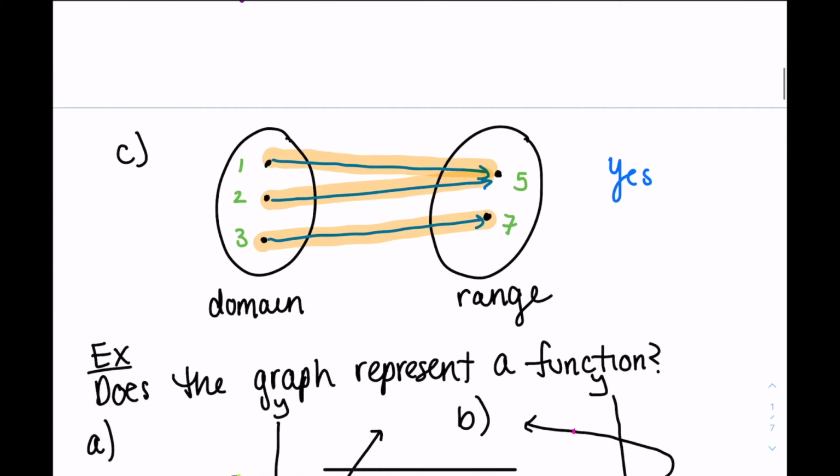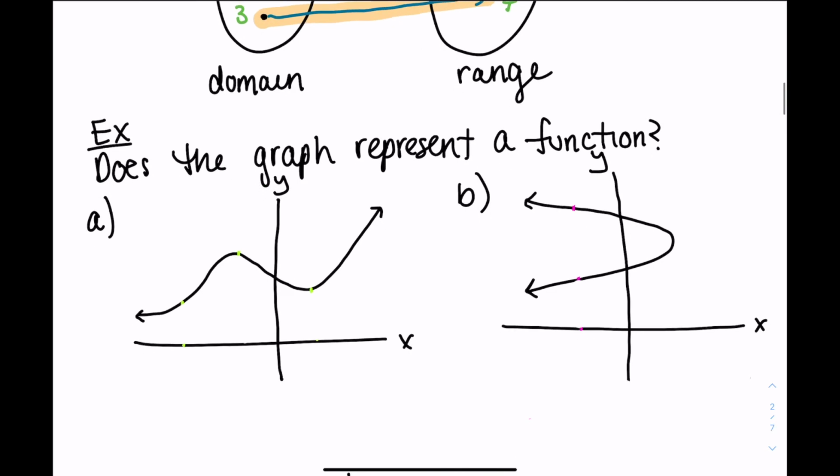Okay. Now let's think of this graphically. We want to see, does the graph represent a function? Our input value is our x values. The output is the y. If you look, regardless of the x I pick, it only hits the graph in one spot.